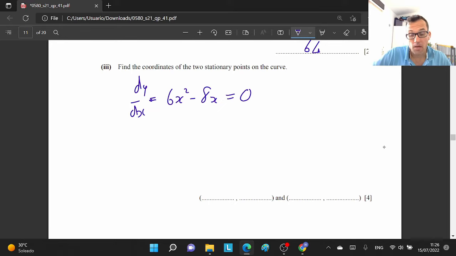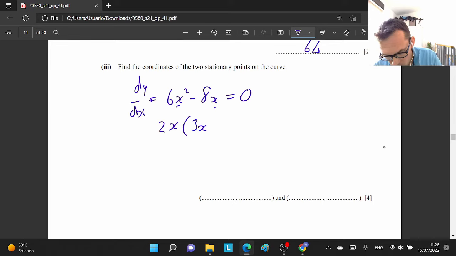Best thing to do now is to factorize. We can factorize out an x from both terms and a 2 if you want to. So 2x times 3x will give us 6x squared, and 2x times negative 4 will give us negative 8x. There, we have factorized it. Now we can split it up.